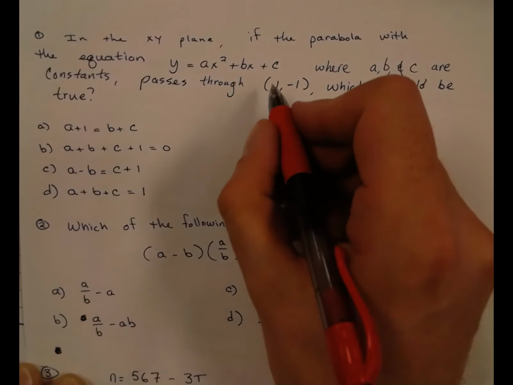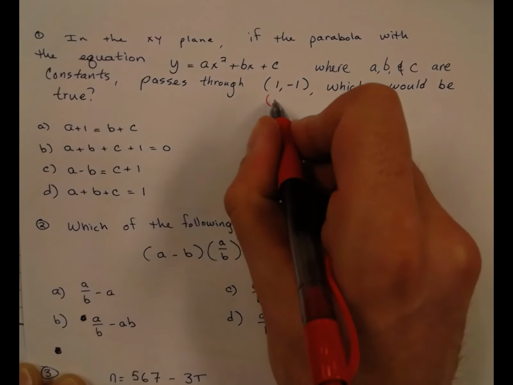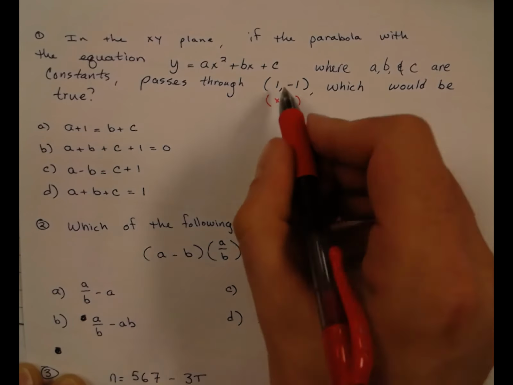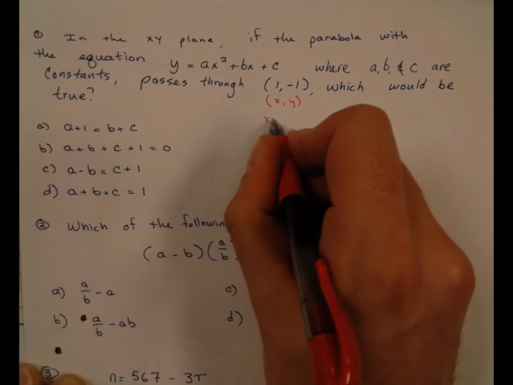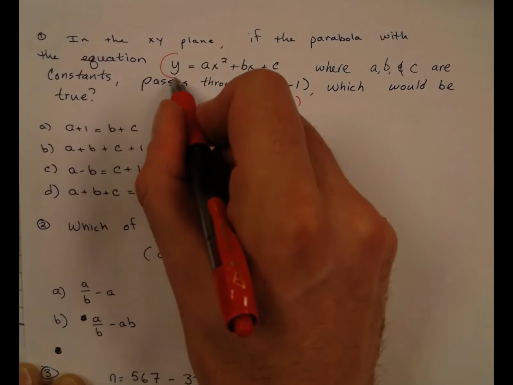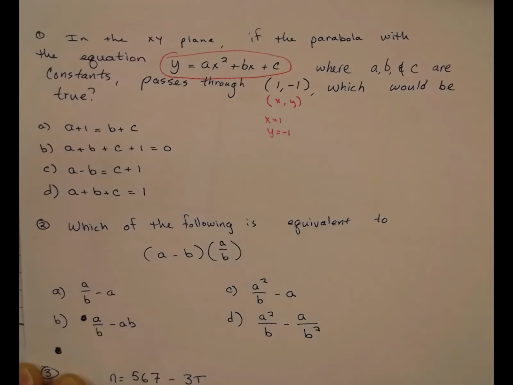But here's what we want to do. We want to take this ordered pair with our x and our y values and substitute these two numbers, x equals 1, y equals negative 1, into the equation and see which one of these are true.